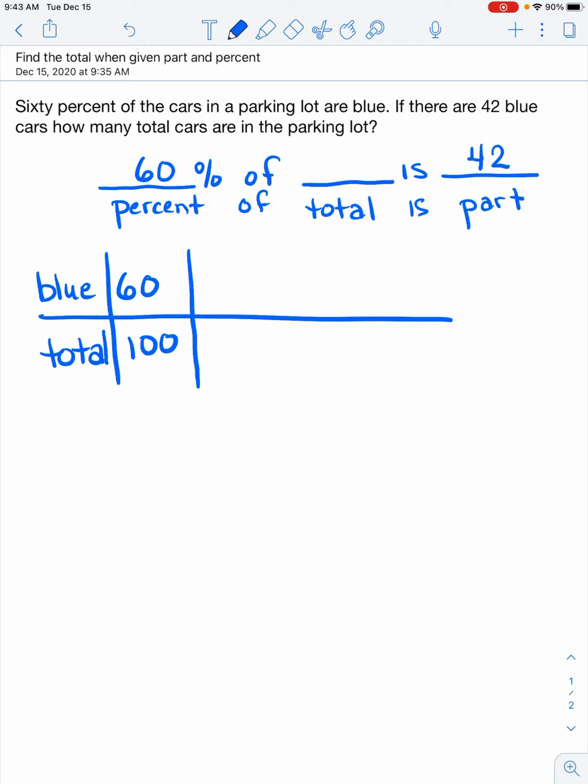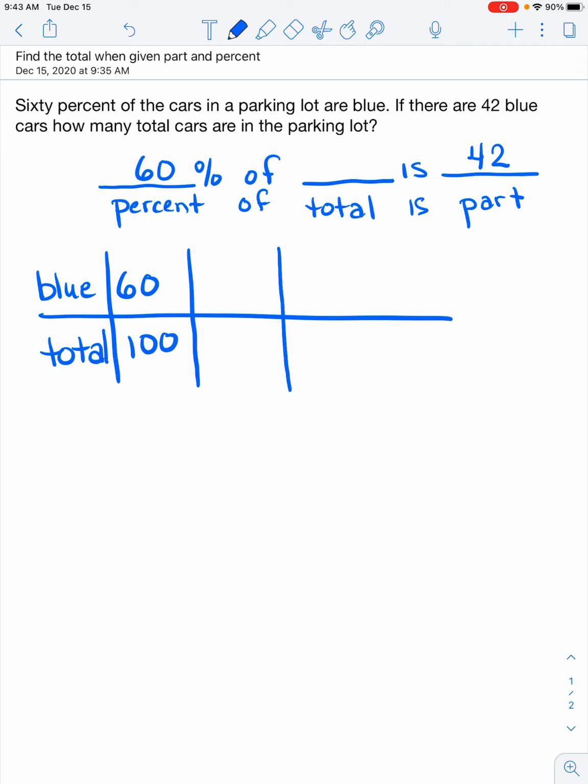The reason we like to be specific about the part is because the problem says there are 42 blue cars. That helps us know where to put that 42. We're not putting it as the total because there are 42 blue cars.